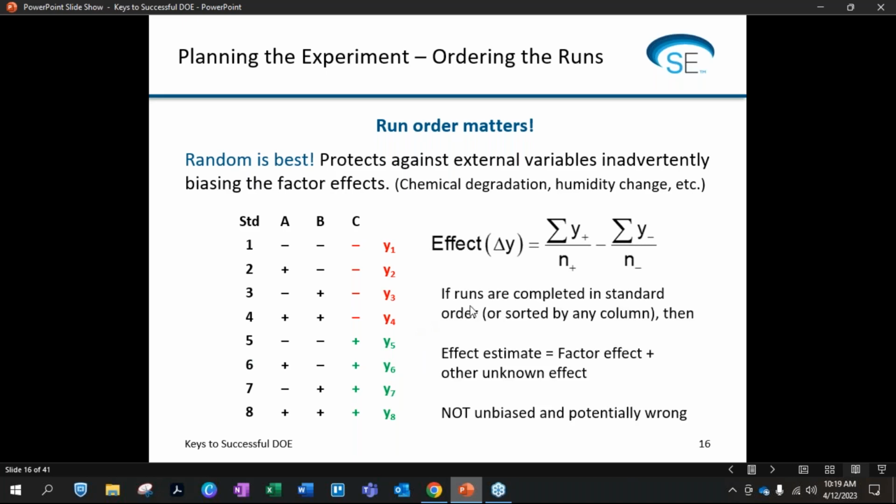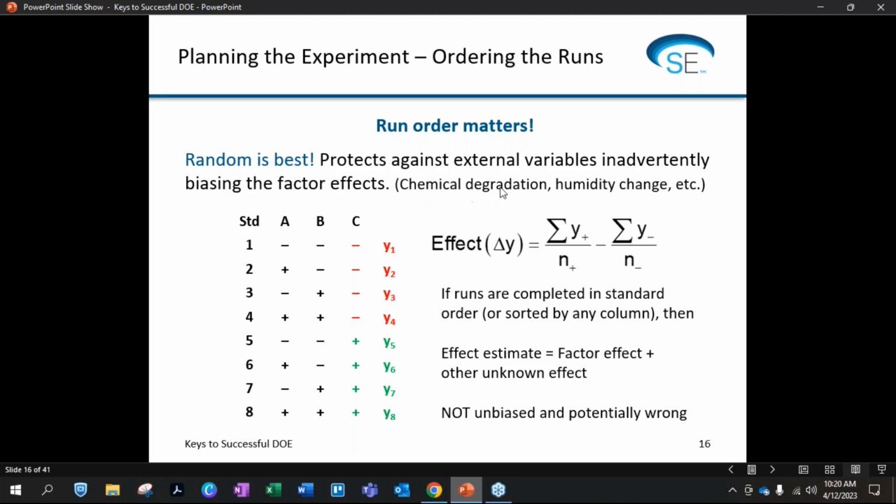Okay, so if the runs are completed in standard order, like shown here, or sorted by any factor, sorted any way, you might sort by temperature, then this effect estimate is going to be equal to that factor effect plus the other unknown effect.